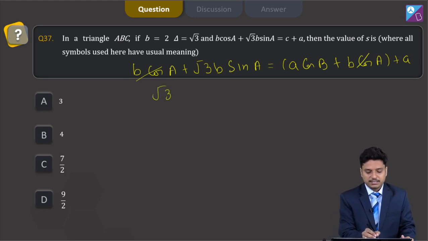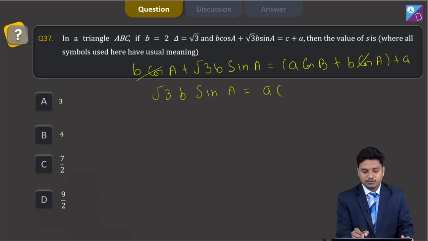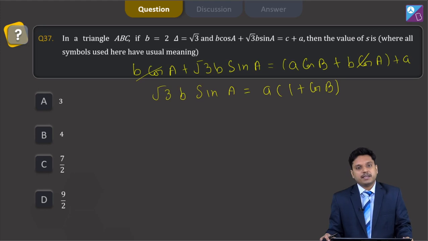Root 3b sin a is equal to, here in the right side, a into 1 plus cos b. So in place of small b we can put 2r sin b, and in place of small a we can put 2r sin a, where of course r is the circumradius.